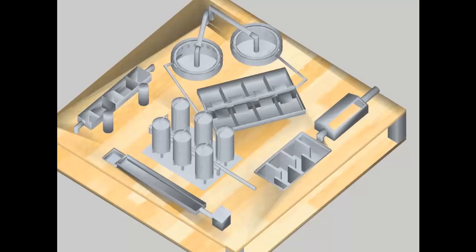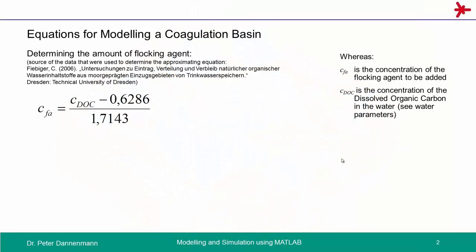Also, we will limit ourselves to modeling the water parameters. In a real water treatment plant, of course, you also have to take care of the control of the process of mixing the flocking agent into the water and of mixing the water itself. Thus, our model will be a simplified one.